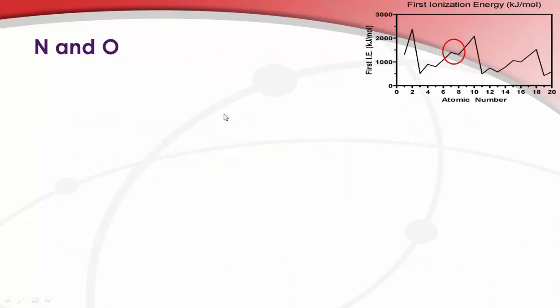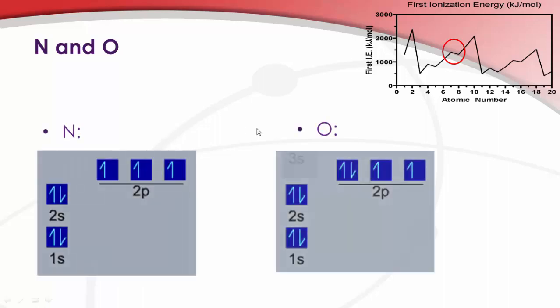Now, if we want to take the nitrogen and oxygen case, it's a slightly different situation. Here's nitrogen and here's oxygen, and the difference is between this electron here and this one here. It takes more energy to remove this electron than it does to take this one. Well, these are in the same energy levels, so the explanation that we had for beryllium and boron shouldn't apply, of course.